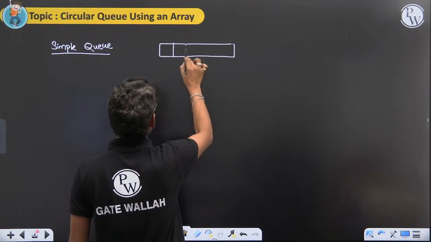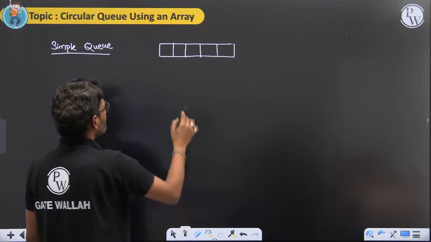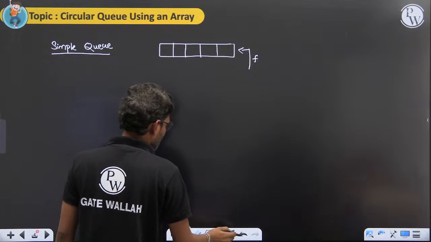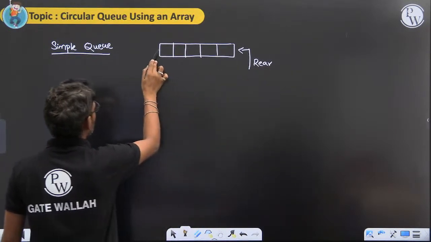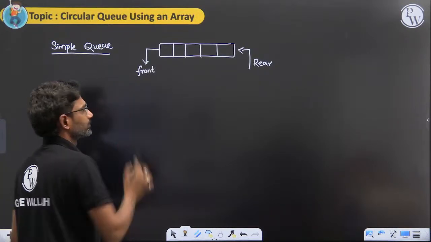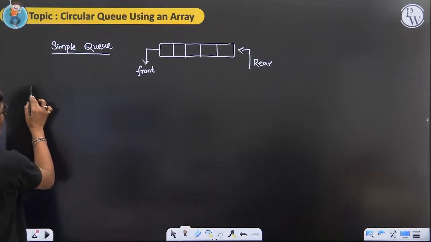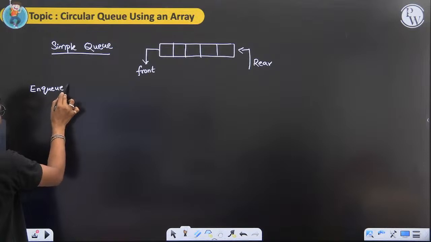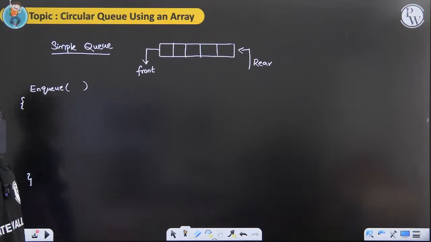When implemented using an array, it is a linear list in which insertion is done from one end, called the rear end, and deletion is done from the other end, called the front end. In a simple queue, when doing the enqueue operation, what code did we write?